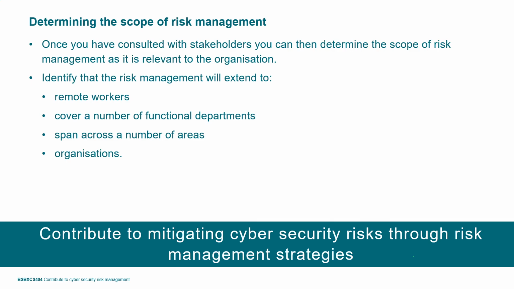So once you've gone through the consultation and have an understanding of what's going on, you need to determine what the scope of risk is to the organisation. So we need to identify the areas of the risk.